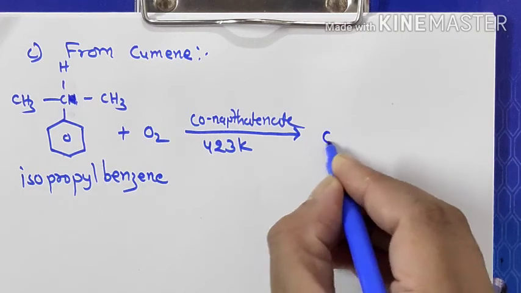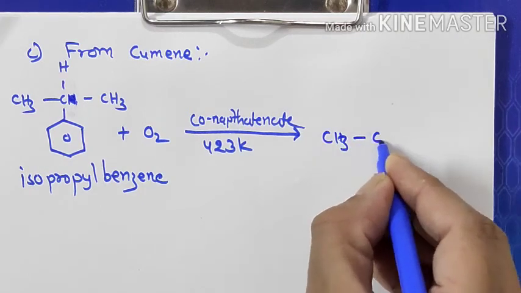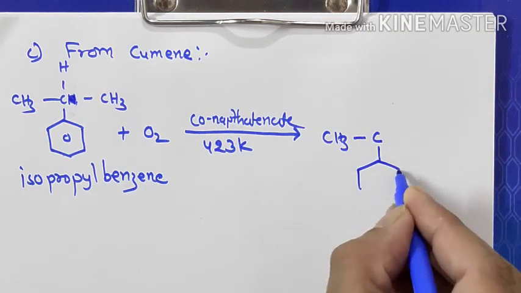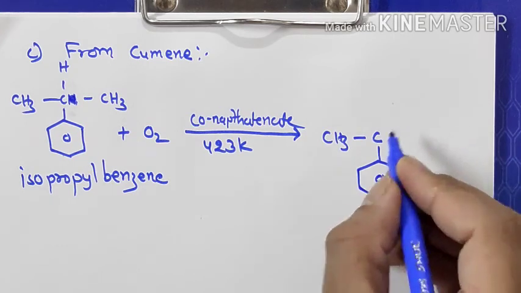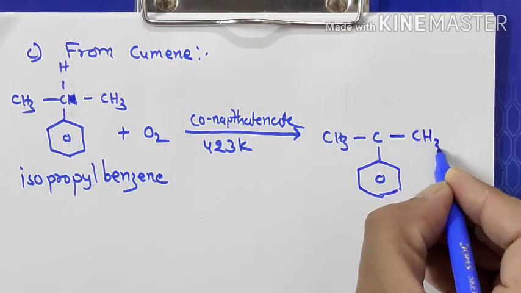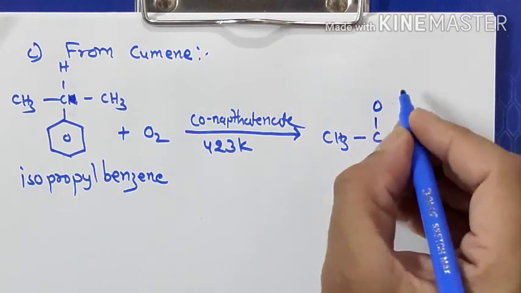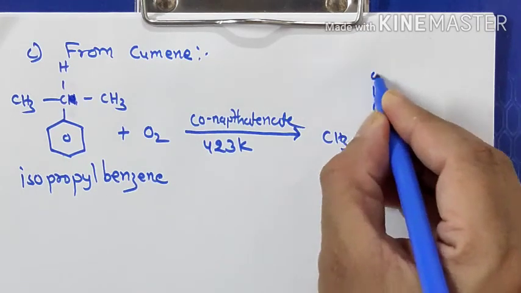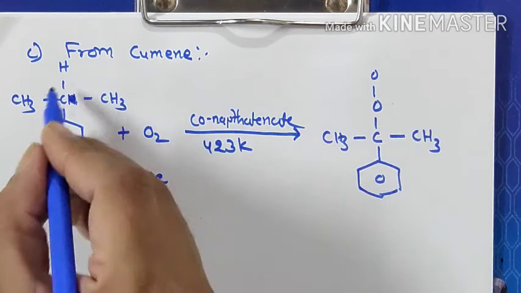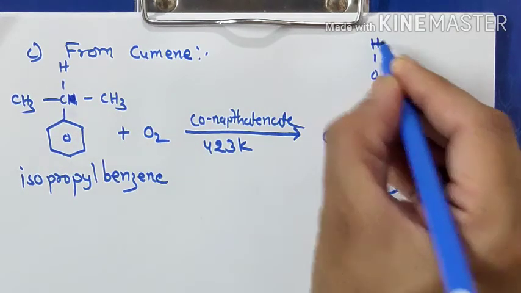Right, so the product will be CH3, C, this is benzene, O, one more oxygen, and this hydrogen comes and attaches over here.